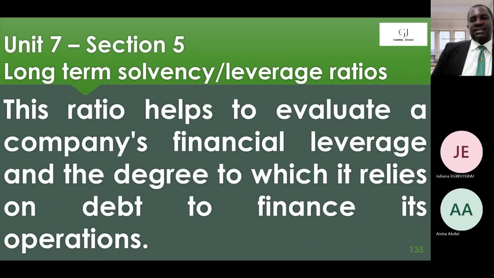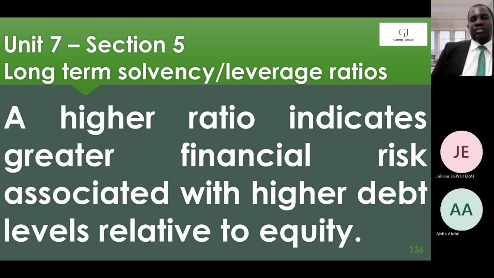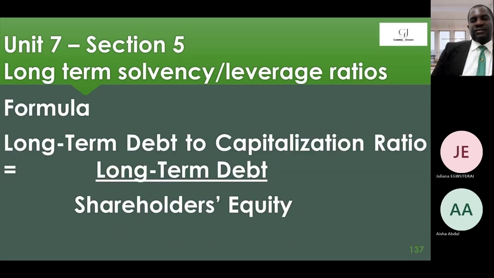It helps to evaluate financial leverage and the degree to which it relies on debt to finance operations. A high ratio indicates greater financial risk associated with higher debt levels relative to equity, and this is the formula. We have long-term debt as numerator, shareholders' equity as denominator.